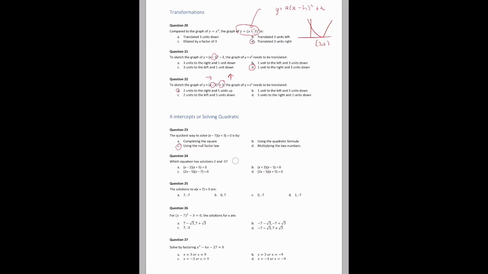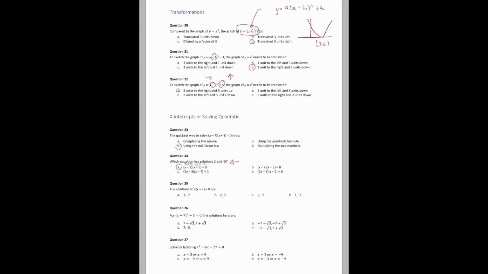What this question is saying is that these are your x-intercepts. So which one of these equations has x equals 2 and x equals -5 as your x-intercepts? In this case, the correct answer would be A. If you apply the null factor law, you will see that x is equal to 2 and x is equal to -5.